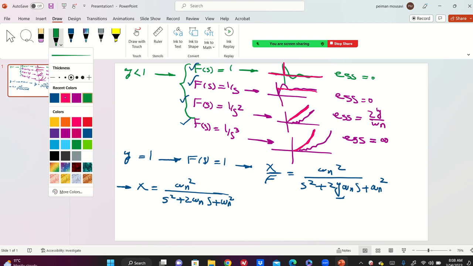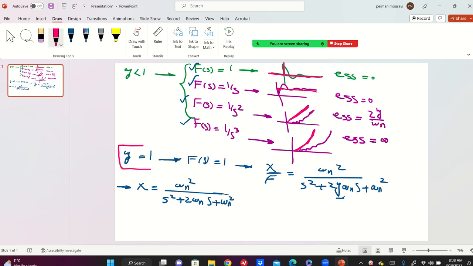And remember that for a critically damped system, we had two repeated poles. Poles P1 and 2 we have in your notes was minus zeta omega n, meaning that in the complex plane, the real and the imaginary, we had two real poles on each other.